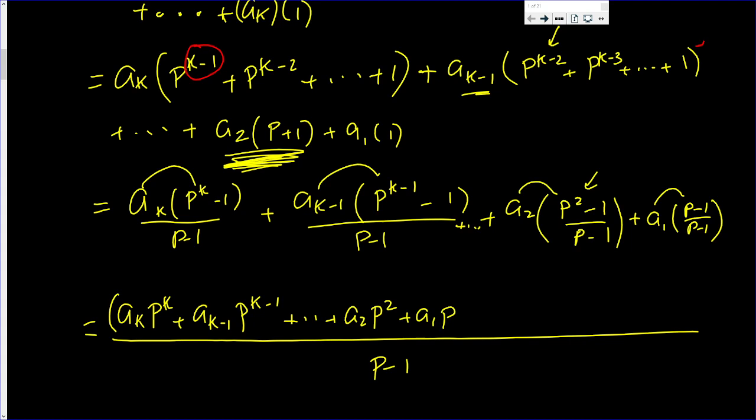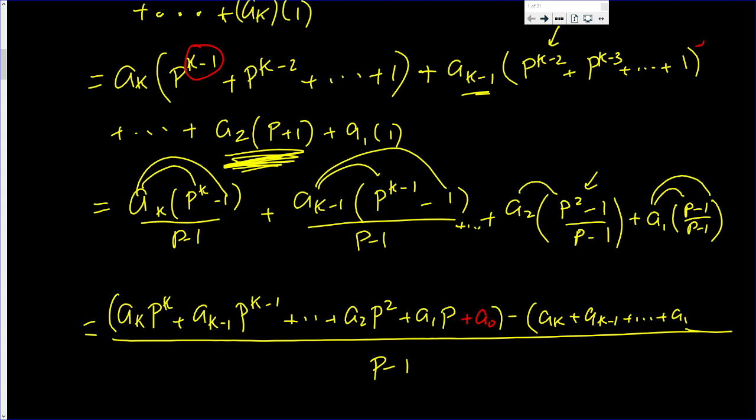Now I am going to add in a sub 0. I'll subtract it in a moment. Minus a sub k minus a sub k minus 1 all the way down to minus a sub 1.